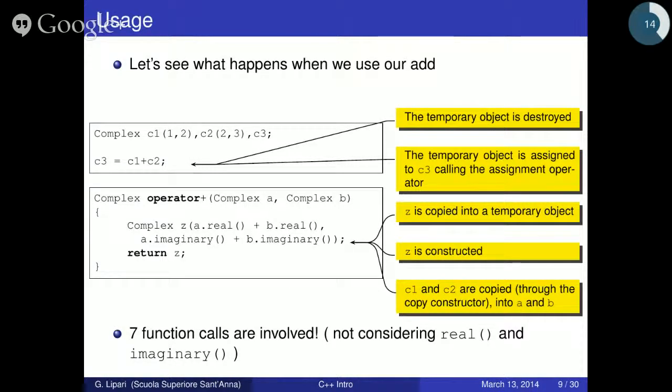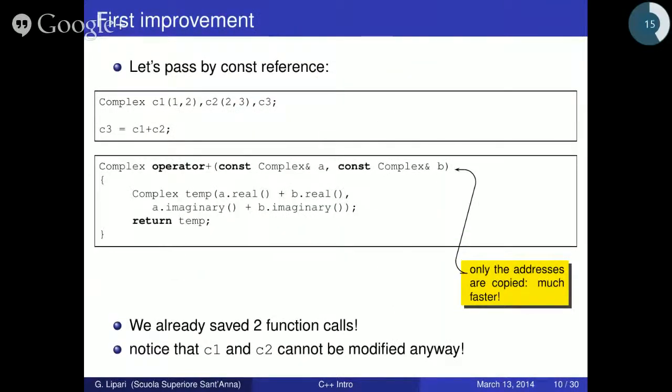And finally, the temporary object is going to be destroyed. So we have 7 function calls for just implementing this simple sum. We can reduce some of them by using constant references. If we just copy the addresses, there is no need to copy the entire thing, and so we save at least 2 function calls.